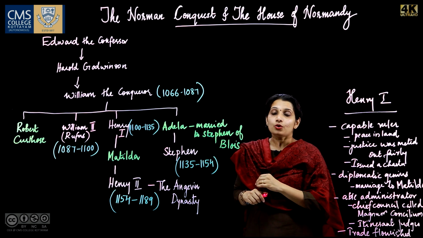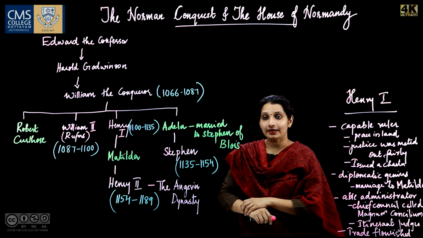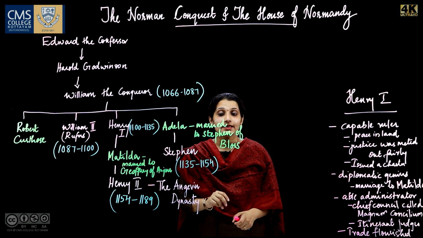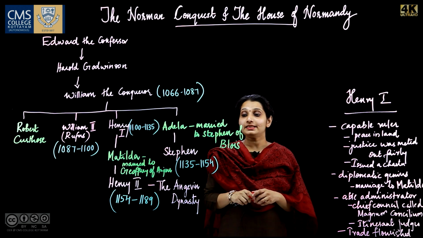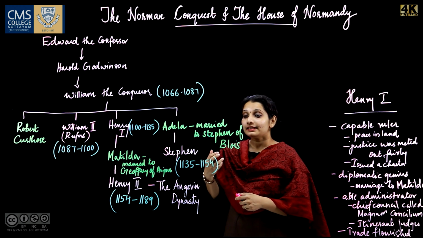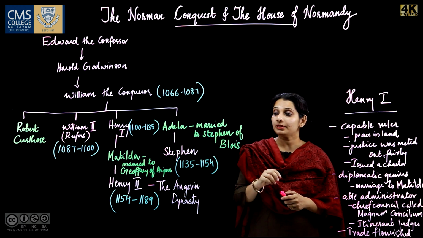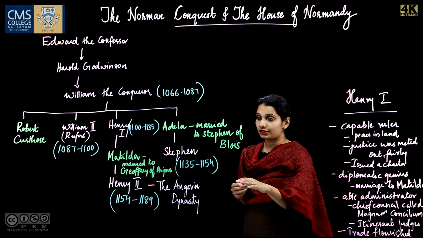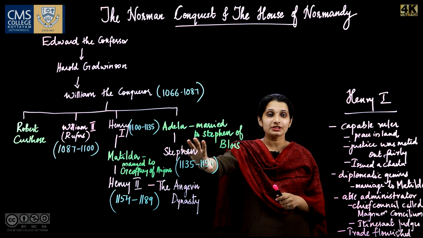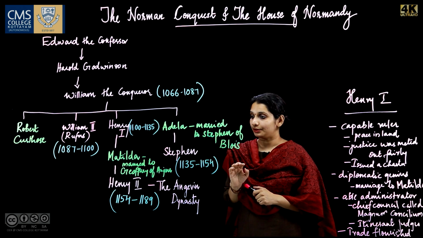This period was not a very good one in the history of England. Stephen's reign is known as 19 long winters, as during the period the life and the property of the people of England were in danger. Stephen was a very brave soldier, but he was not the stuff for kingship.